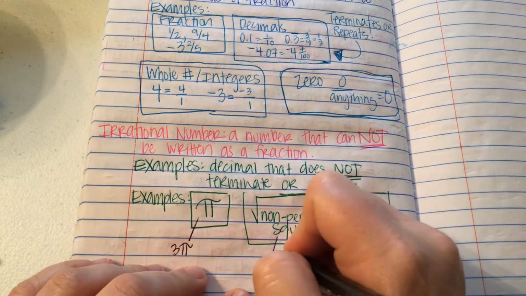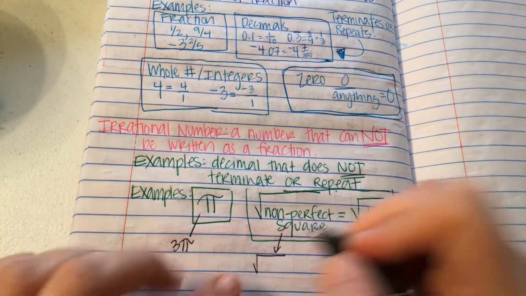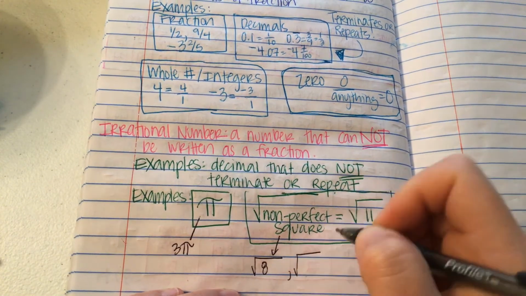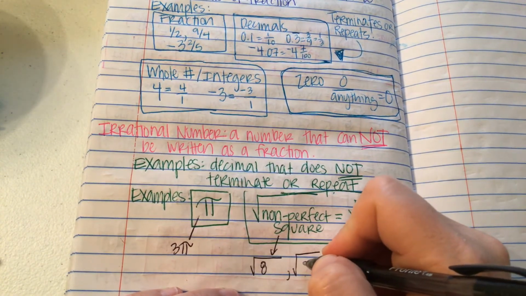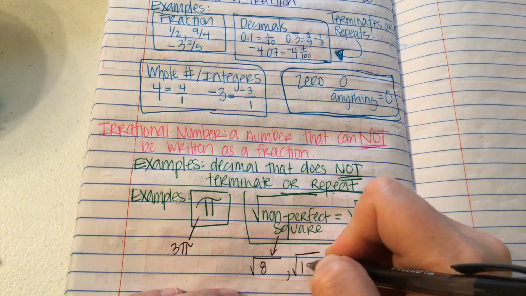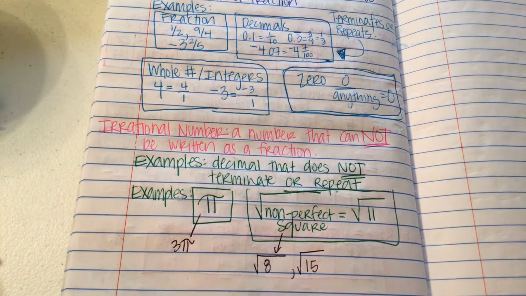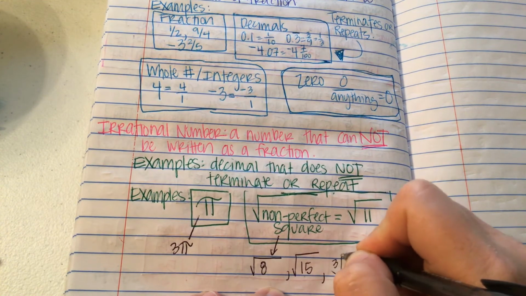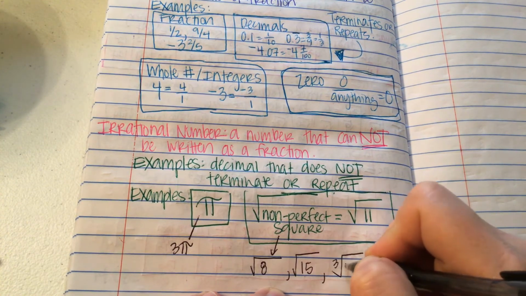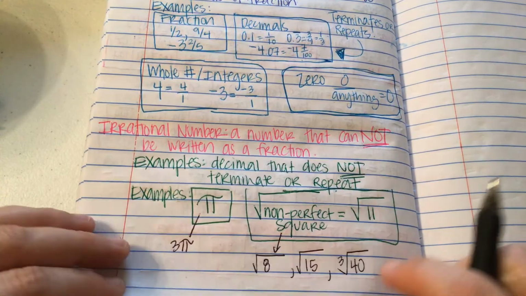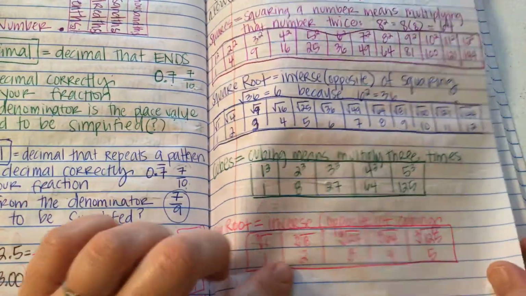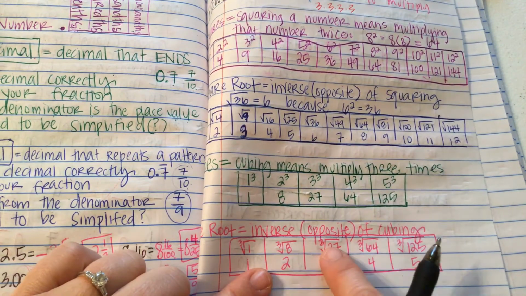Like the square root of 8 doesn't work. The square root of 15 doesn't work. If I wanted to do the cube root of 40, I would look at my cube roots over here, and 40 is not in my list.